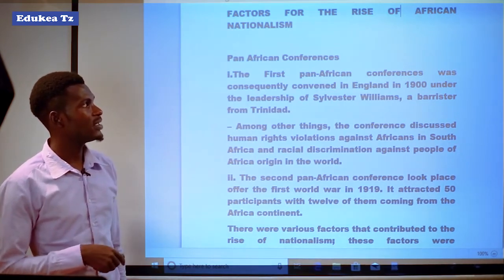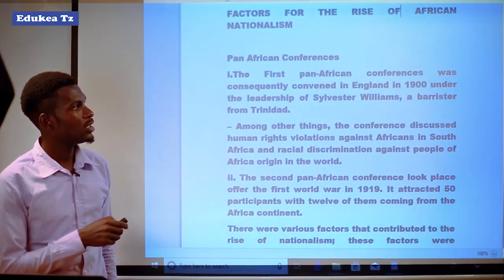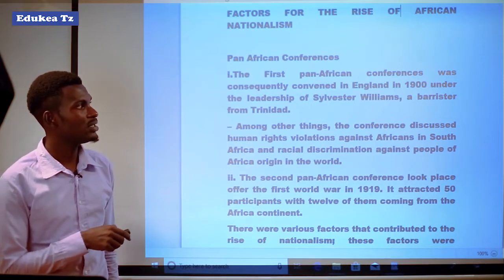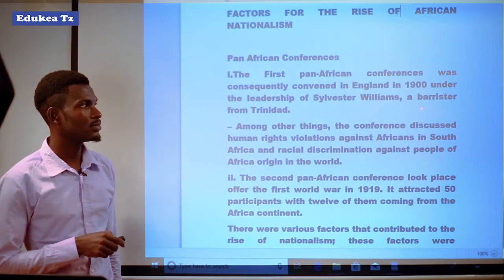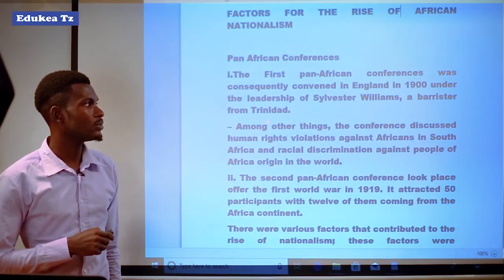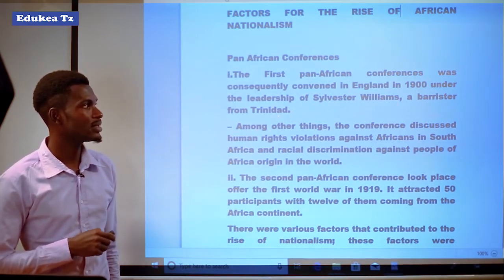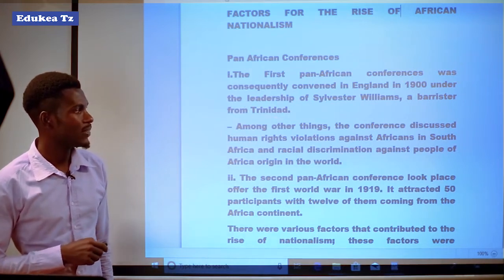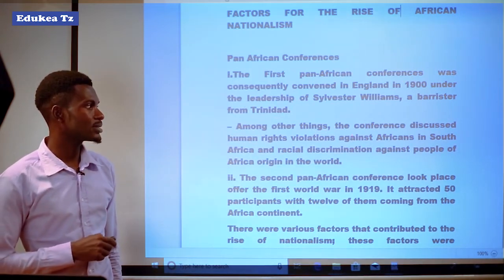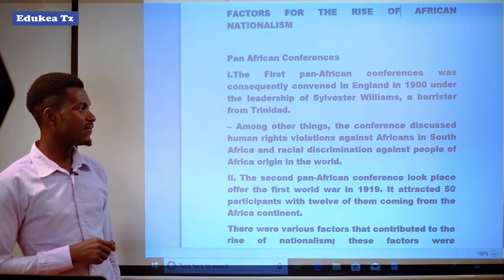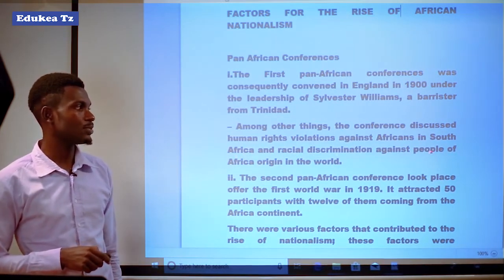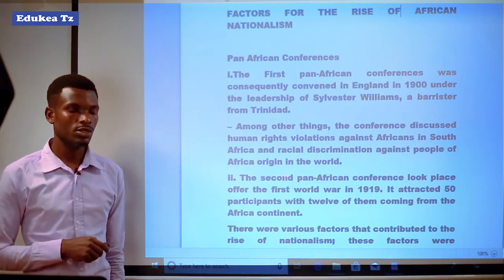The first Pan-African conference was convened in England in 1900 under the leadership of Sylvester Williams, a barrister from Trinidad. Among other things, the conference discussed the human rights violations against Africans in South Africa and racial discrimination against people of African origin in the New World.